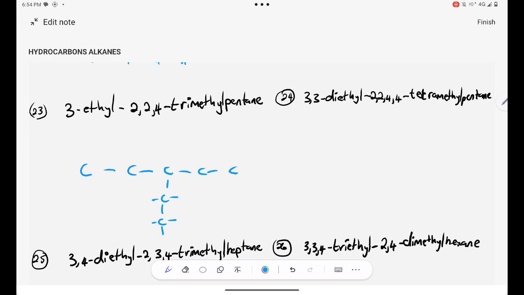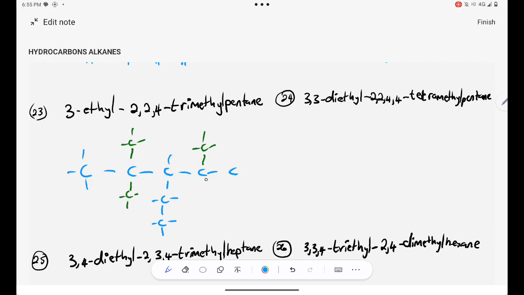And then carbon number 2 and 4 have methyls as well. So this will be carbon number 2, and that will be carbon number 4. All you have to do, guys, is to write down the hydrogens over there. That's all you need to do, yeah?